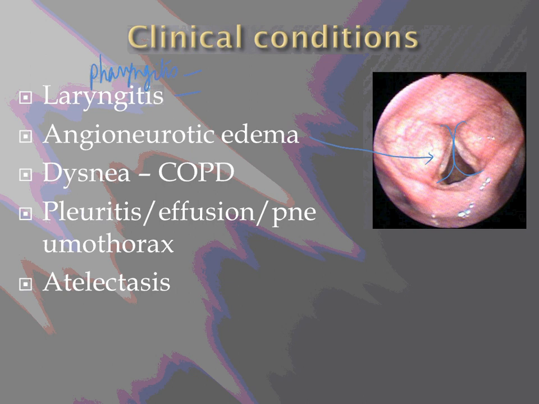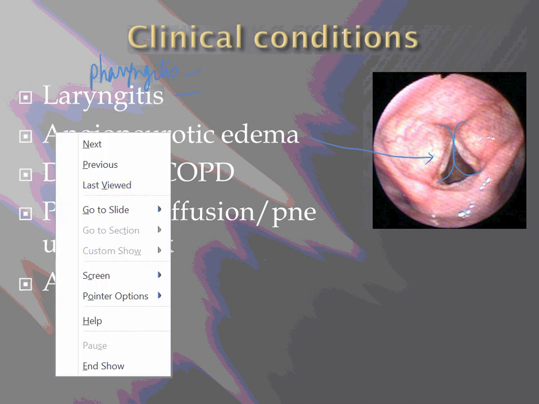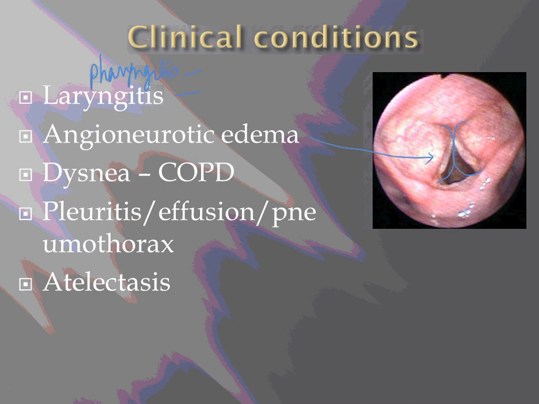Whenever anybody has any problem breathing, that is known as dyspnea. So dyspnea is difficulty in breathing. So when we say someone is severely dyspneic, that means they're having difficulty breathing.